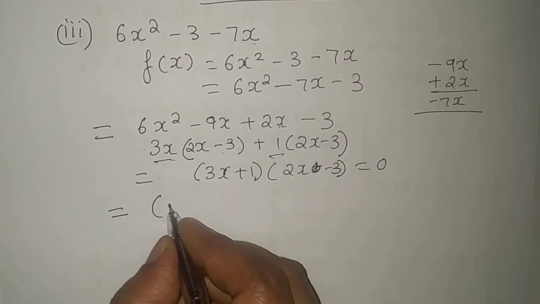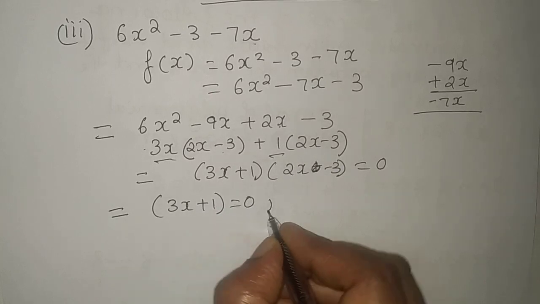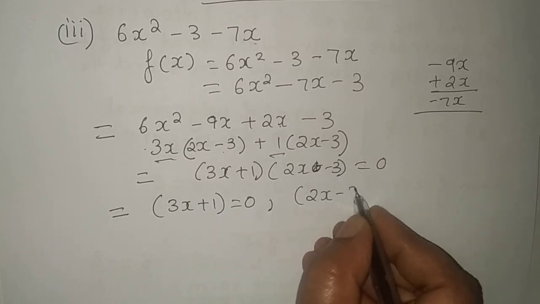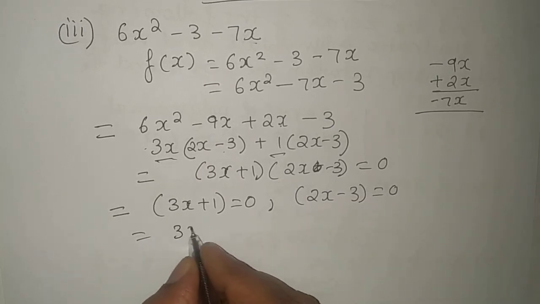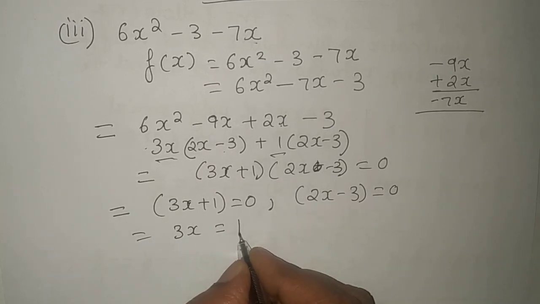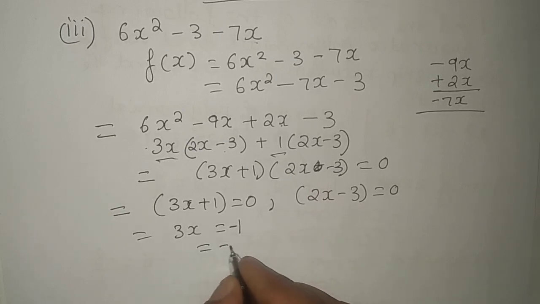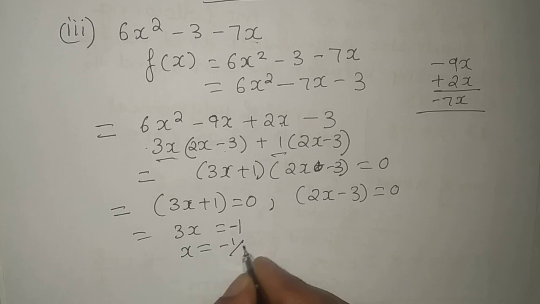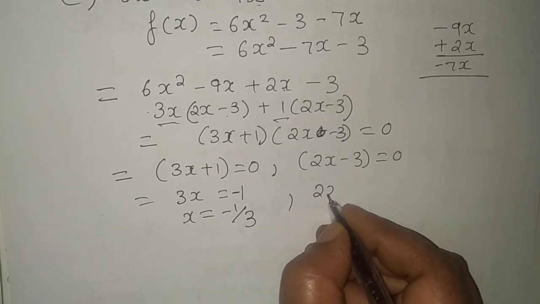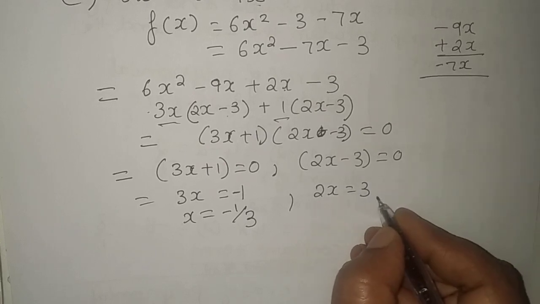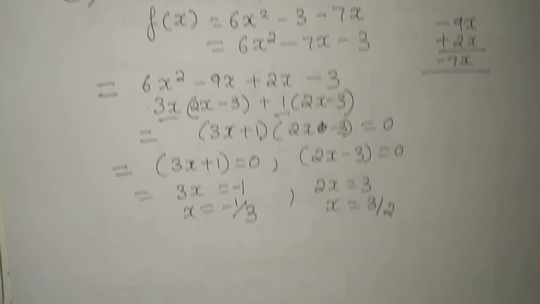Then we have 3x plus 1 is equal to 0 and 2x minus 3 is equal to 0. Now 3x is equal to minus 1, so x is equal to minus 1 by 3, and 2x is equal to 3, which is x is equal to 3 by 2.